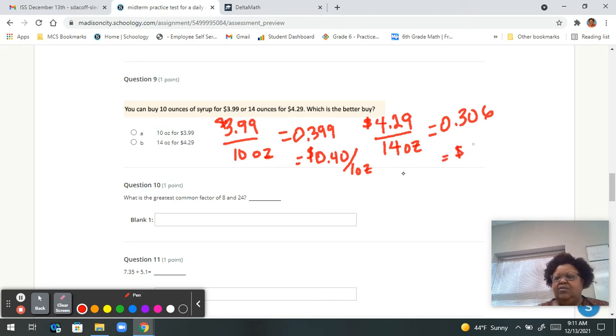So that's equal to, since that's a 6, I'm going to add 1 here, 31 cents for 1 ounce. So which one is the cheapest? This one right here. So that's this one, the 14 ounce for $4.29.